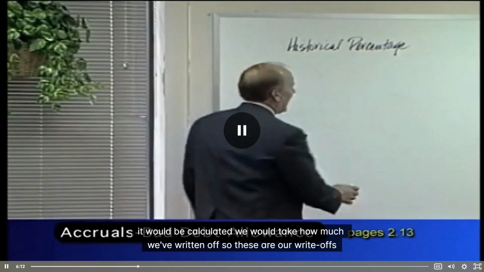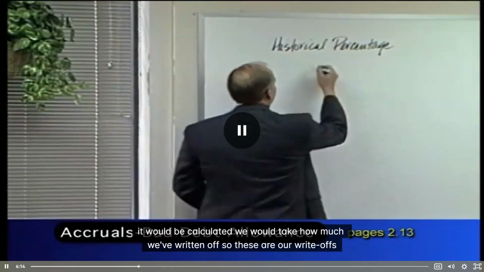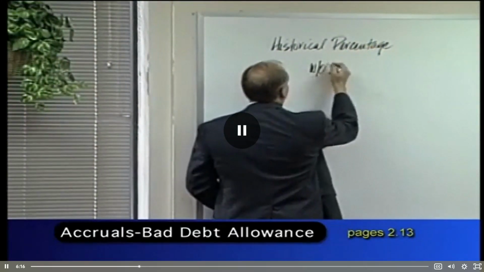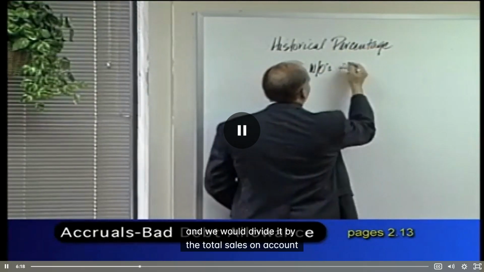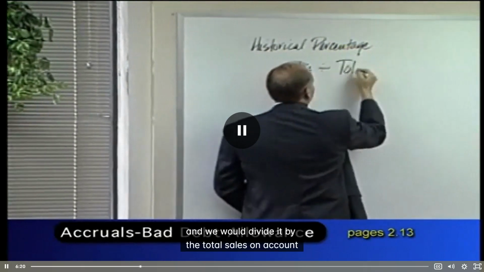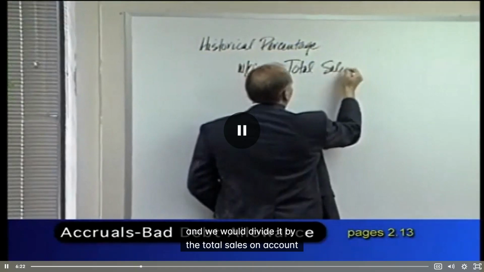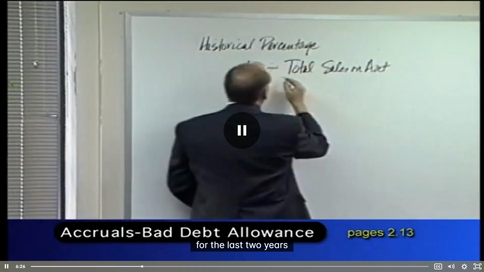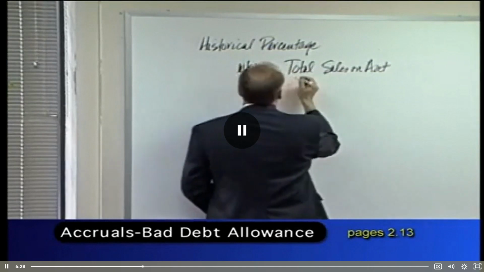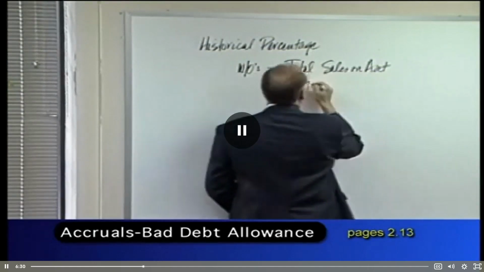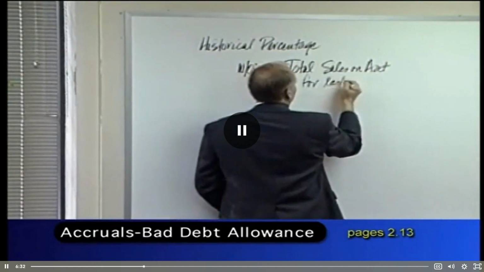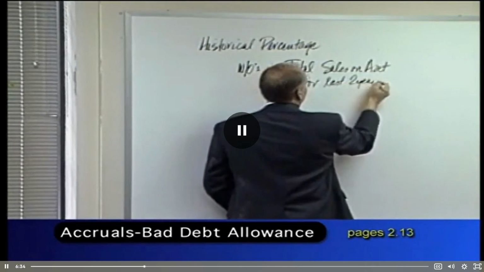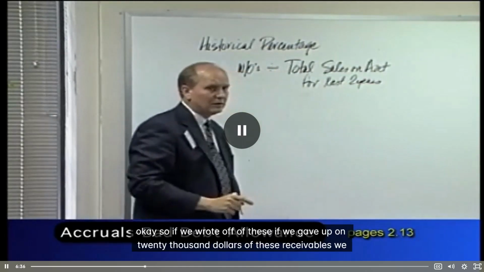We would take how much we've written off. So these are our write-offs. And we would divide it by the total sales on account for the last 2 years. Okay?